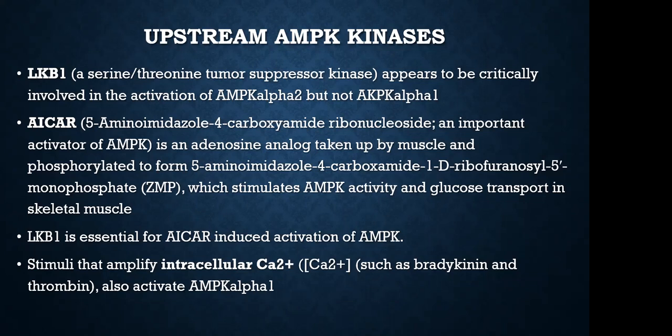Then you have, and this one also plays a huge role, AICAR, which is also an important activator of AMPK. It's an adenosine analog taken up by muscle and phosphorylated to form ZMP, which stimulates AMPK activity and glucose transport in skeletal muscles.